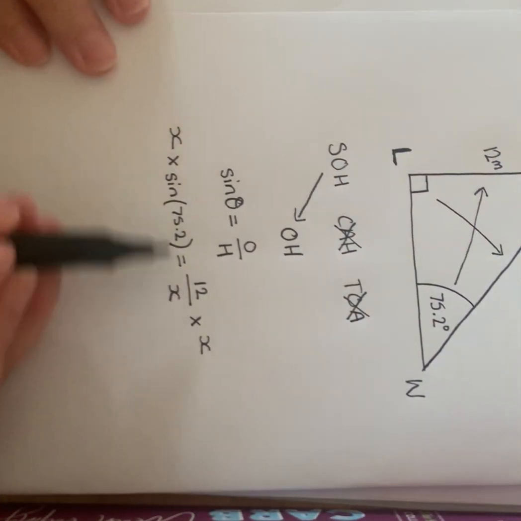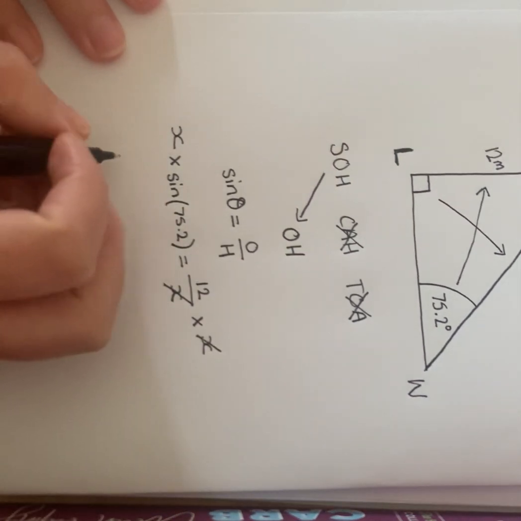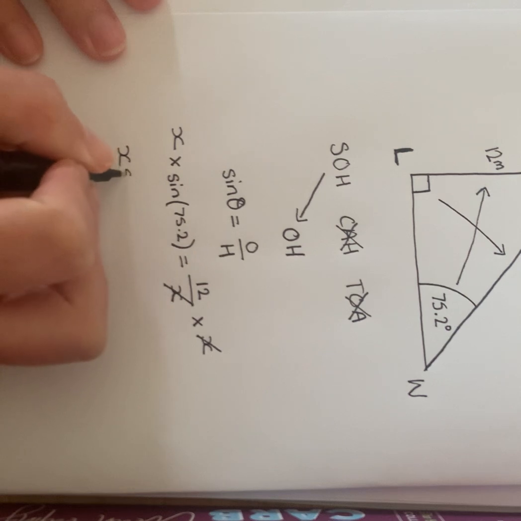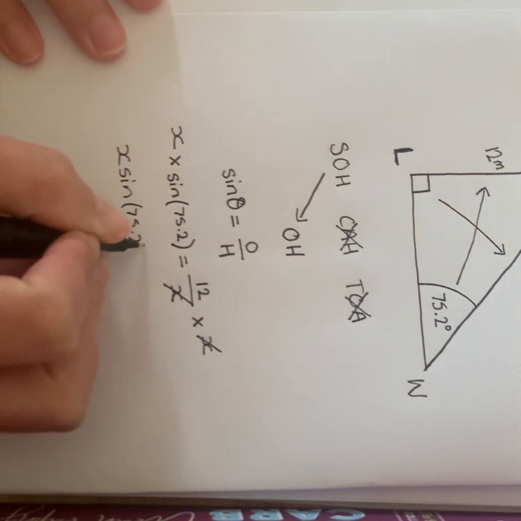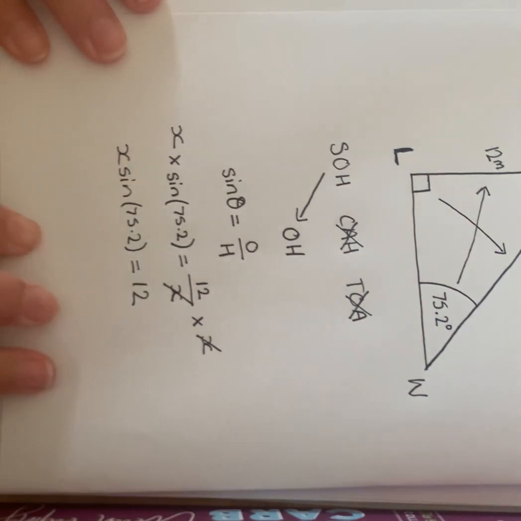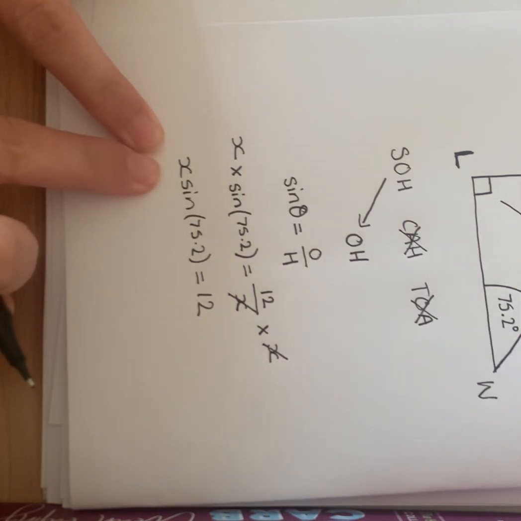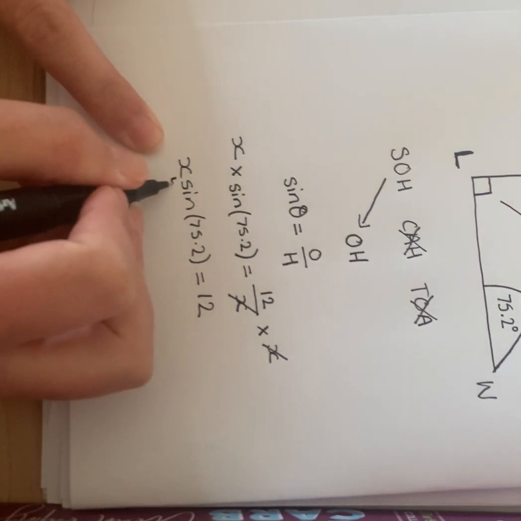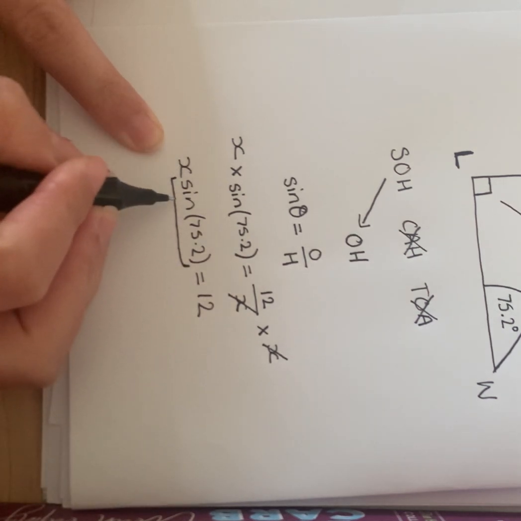So I'm multiplying both sides by X, which means I'm cancelling out X on this side, and over here I'm left with X times sine 75.2. And on the right hand side, I'm just left with 12. So this is looking a little bit more simple. We've nearly got X isolated over here. We just need to get rid of this sine 75.2, which is multiplied by X at the moment.